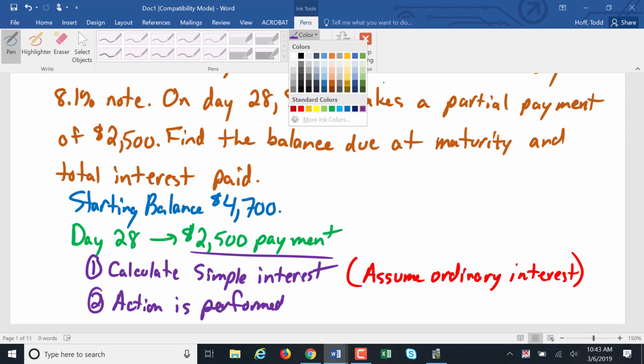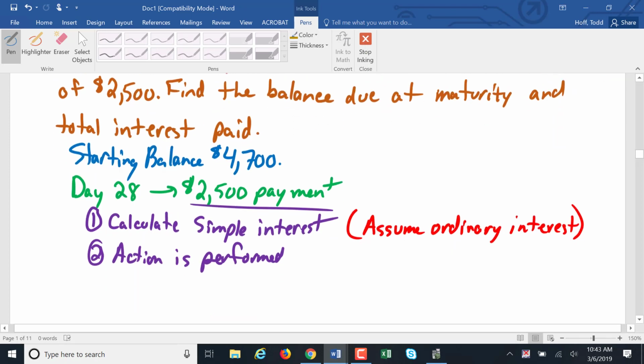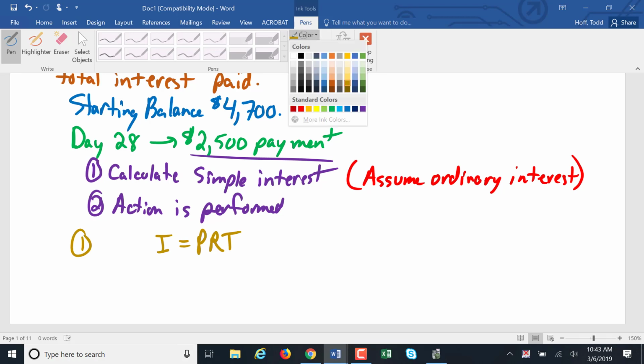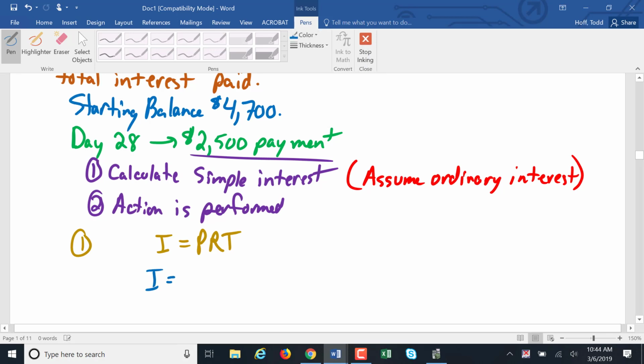We're going to use I equals PRT. So our principal here is the $4,700. Our rate, it's 8.1% interest, so 0.081.